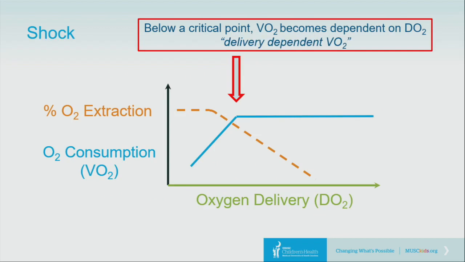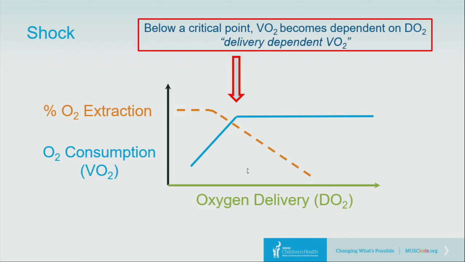So when thinking about shock, we need to appreciate these general relationships between oxygen delivery, oxygen extraction, and oxygen consumption. If you look at the x-axis here, where we've got oxygen delivery, as shock progresses, regardless of the etiology, and oxygen delivery falls, your oxygen extraction from the blood will increase.